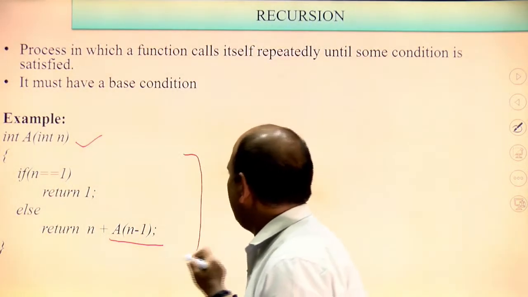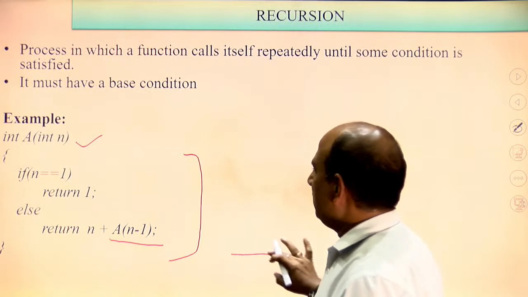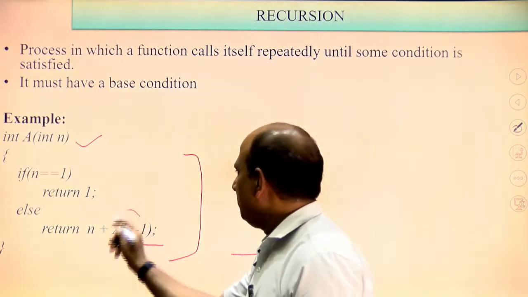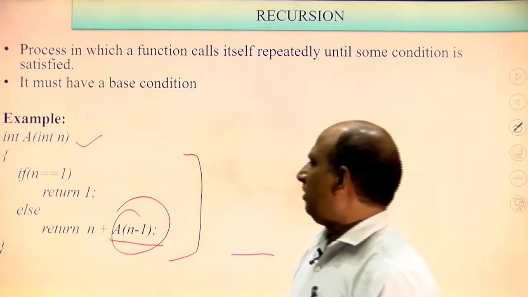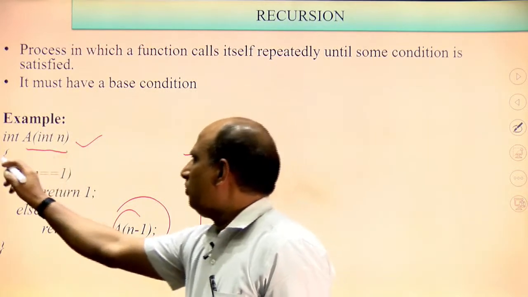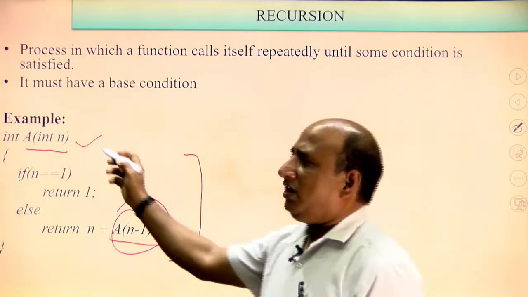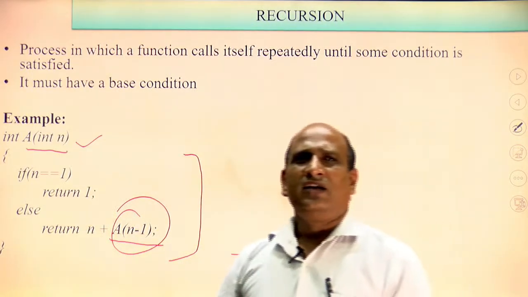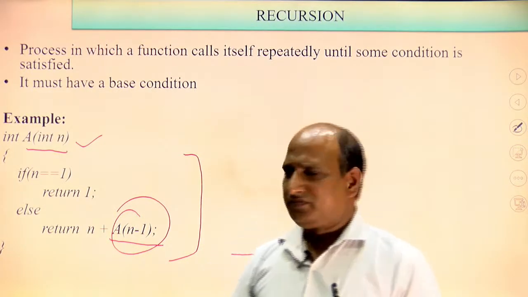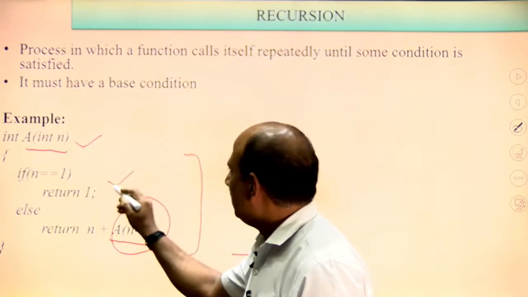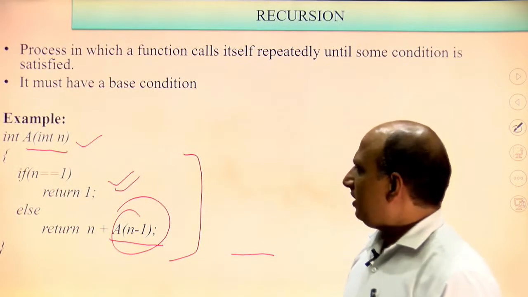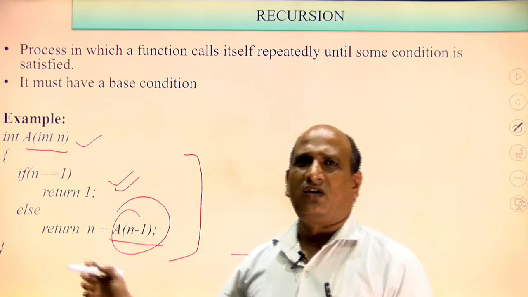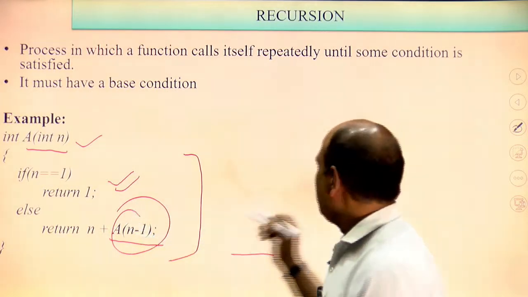This is the body of this function, and this function is calling itself. This one is the call of function a within its body, and calling a function by itself within its body is called recursion. And this is the condition that we call the base condition, where the recursive calling of this function a will terminate.